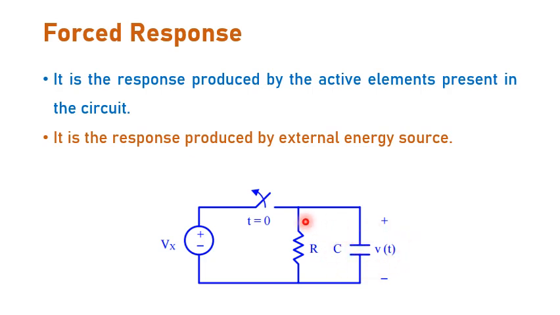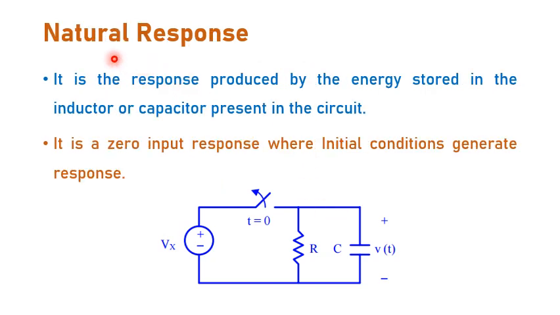Here the two currents I can call a response, and the voltage across the capacitor also I can call a response. This response is because of the current delivered by an active element, which is an external source. So the response caused by an external active element is called forced response.